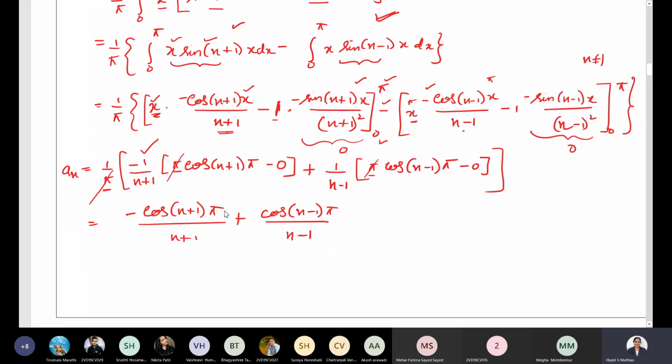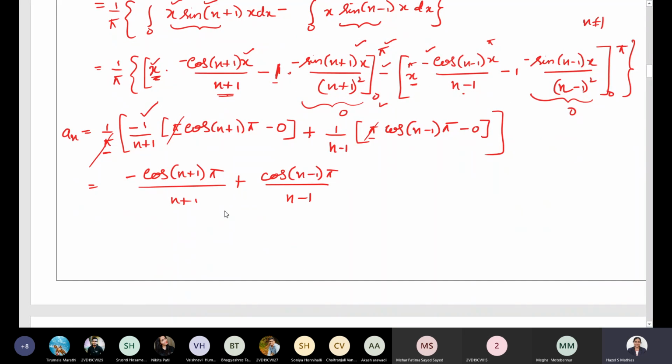And we know what is cos n plus 1 into pi. Let's substitute that. Minus 1 into cos n plus 1 into pi is minus 1 power n plus 1 divided by n plus 1 plus cos n minus 1 into pi is minus 1 power n minus 1 divided by n minus 1. Is it okay, everyone?